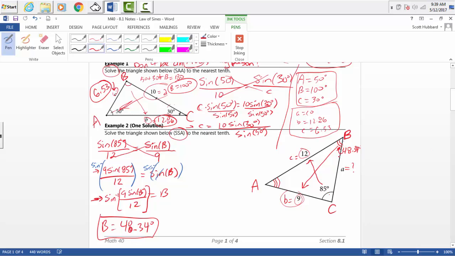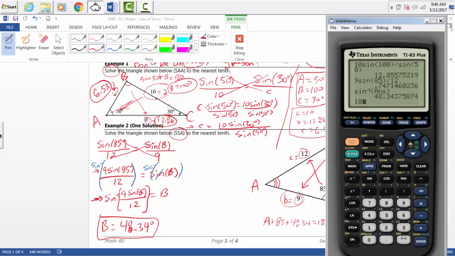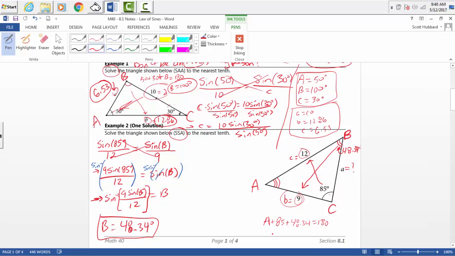And now that we know B and C, we can figure out A, because A plus 85 plus 48.34 has to add up to equal 180, and so that's going to be 180 take away that, so A is 46.66.